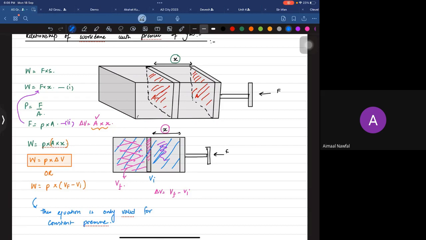What you need to remember is that volume is a scalar, and whenever you're finding a scalar using the formula, you always put the larger value and subtract the smaller value, so your answer will always be positive. Work done cannot be negative, at least for now. In A2 we learn when we can take it as negative and positive. Right now it doesn't matter. Is it clear? Yes.